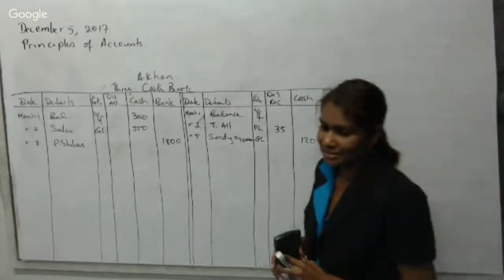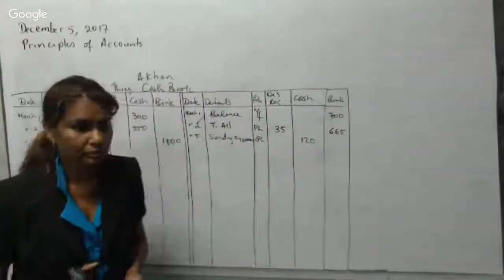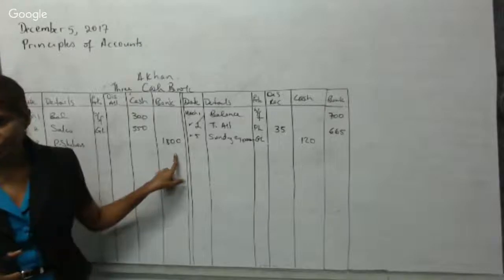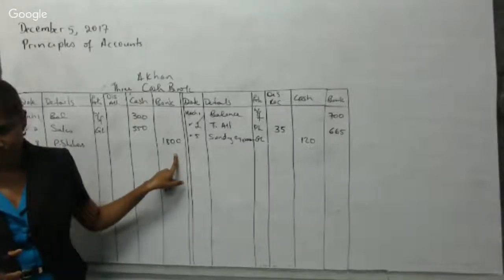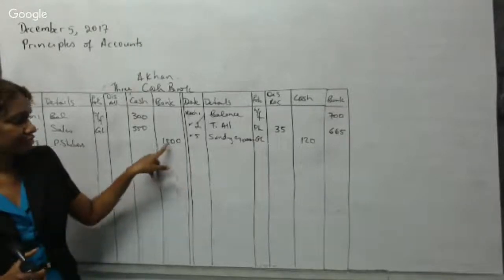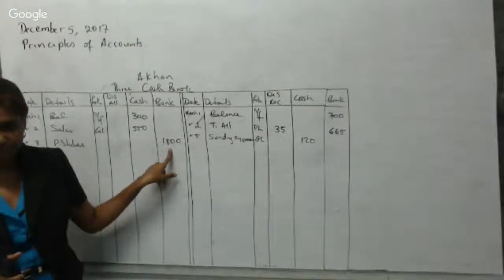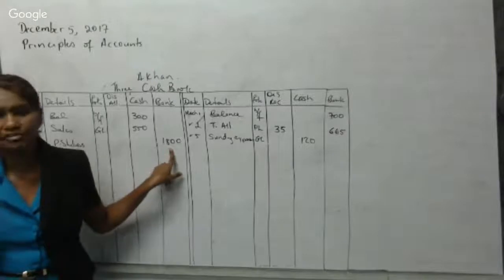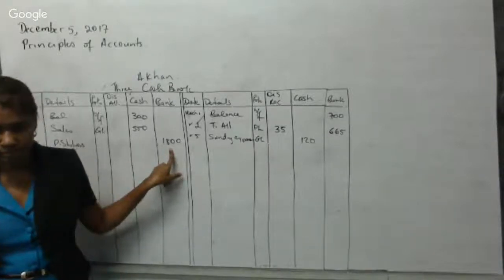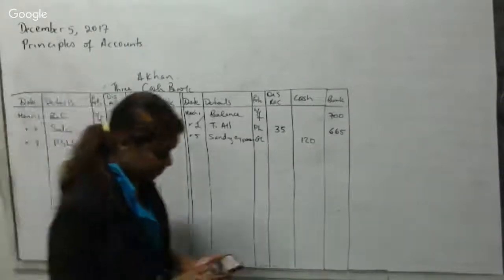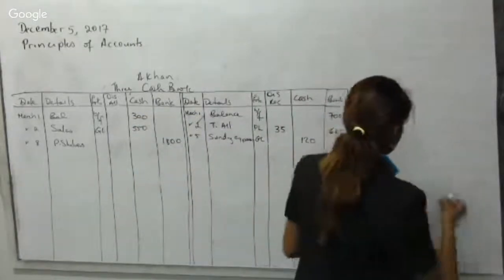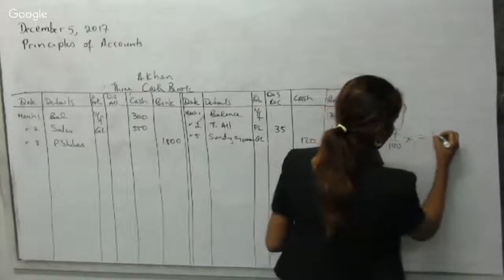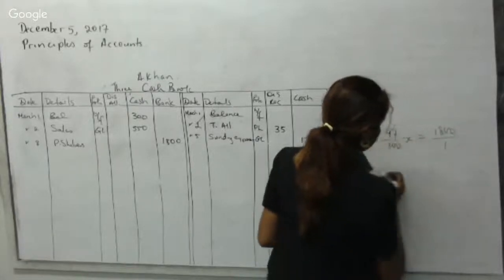Let me tell you how you should do it. It's very close. This 1,800 actually has 3% taken out of it already. Agree? Yes. Right. So therefore, this 1,800 is 97% of whatever that figure was before. So to find what that figure was before, you find 97% of it is 1,800.